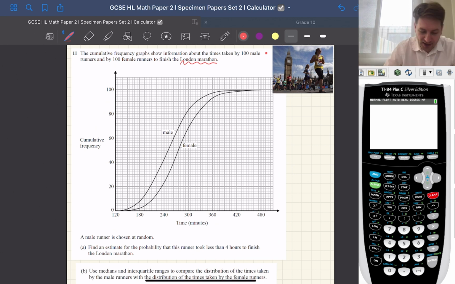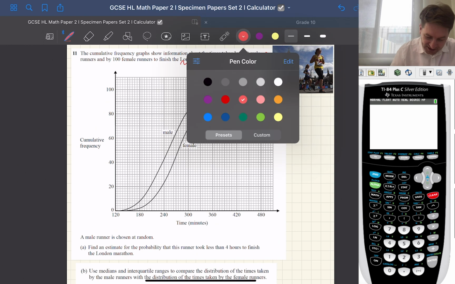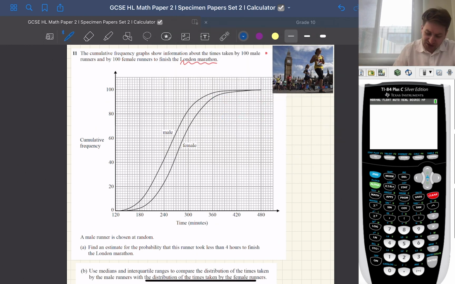All right, so here we have a cumulative frequency, which the graph of that always goes up. A male runner is chosen at random. Find the estimate for probability that the runner took less than 4 hours to finish the London Marathon.